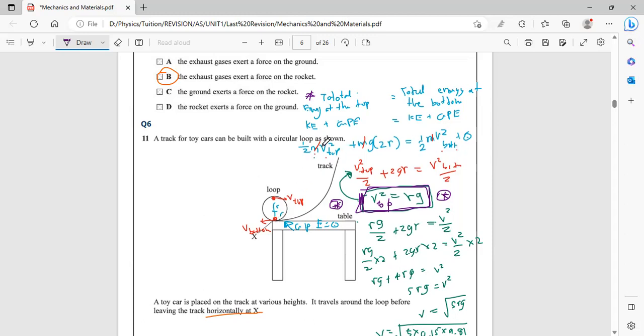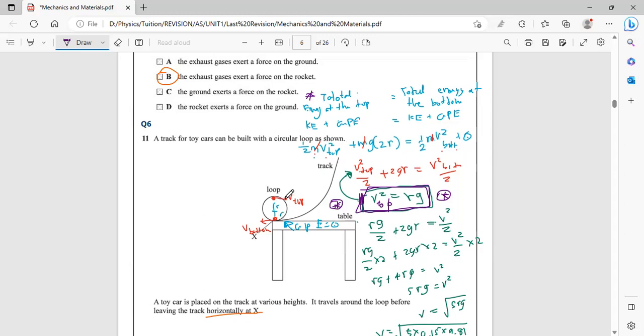So you can write this equation: total energy at the top is equal to total energy at the bottom. That is the law of conservation of energy. The kinetic energy at the top plus GPE at the top is equal to kinetic energy at the bottom plus GPE at the bottom. So kinetic energy at the top is half m v top squared plus mgh, h is in this case 2r.